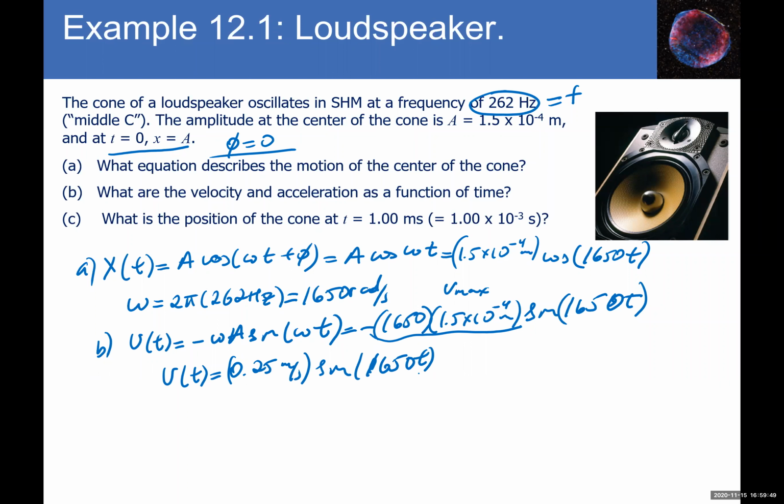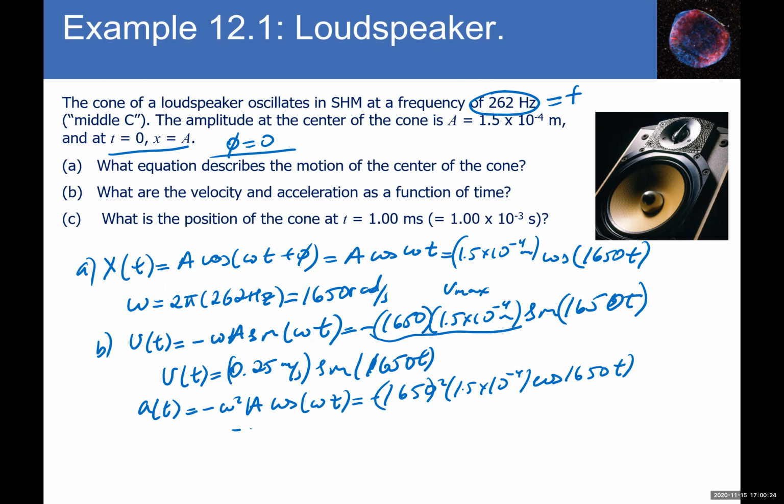Acceleration as a function of time works the same way, right? So it becomes negative omega squared times A cosine omega t. So I do negative 1650 squared, times 1.5 times 10 to the negative 4, then cosine of 1650t.